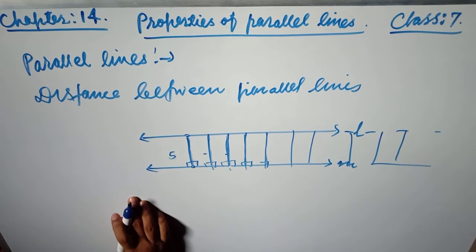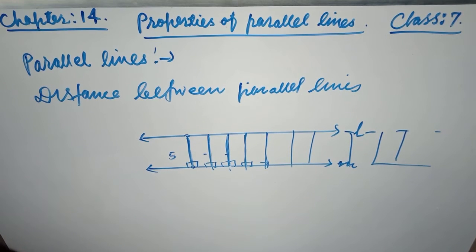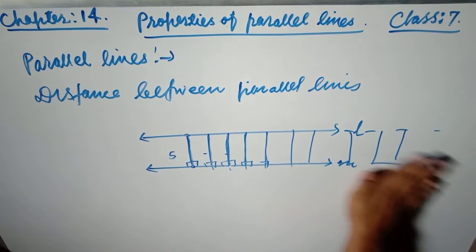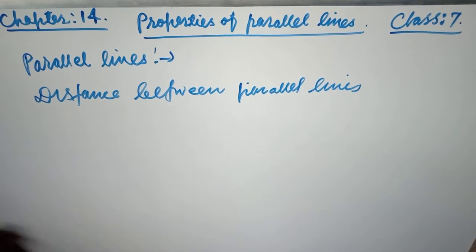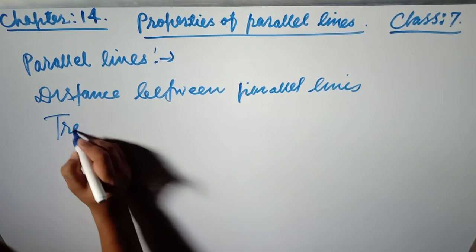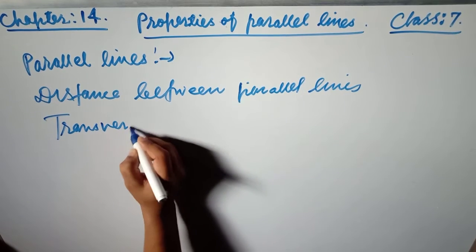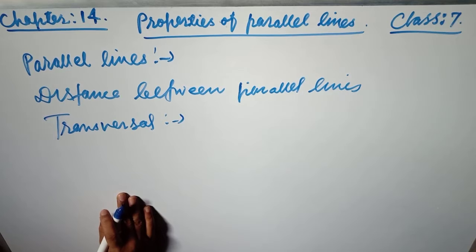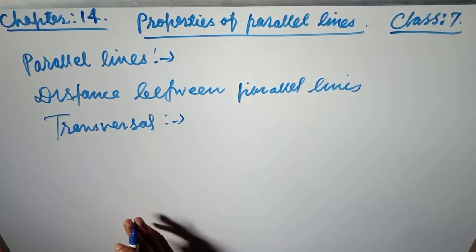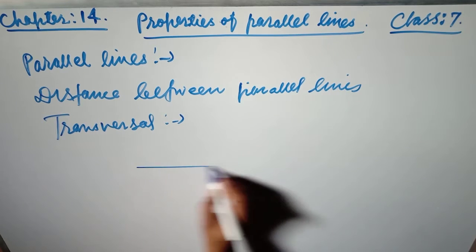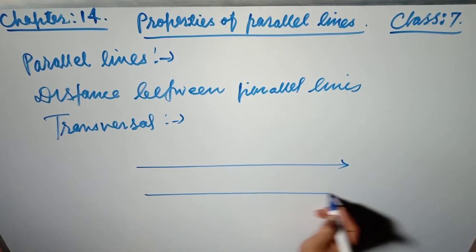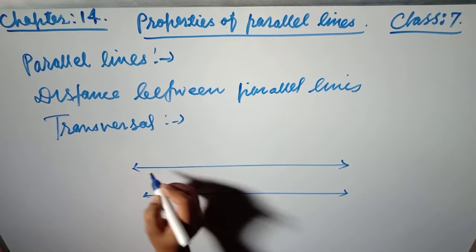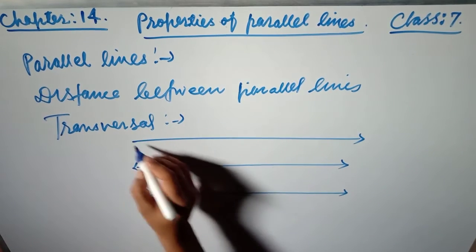Okay friends, now see the next one, transversal. What about transversal? Very simple, a line which intersects two or more lines at distinct points is called a transversal. See friends, this is a line, another line, and another line, these three lines.